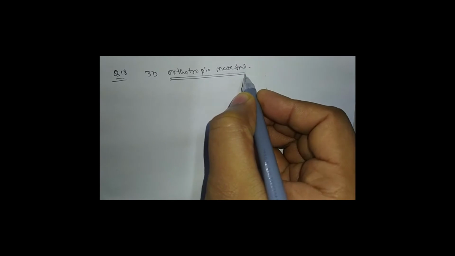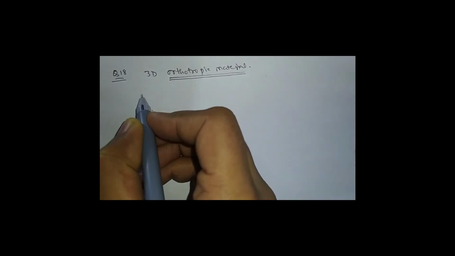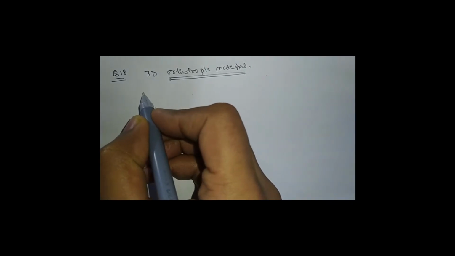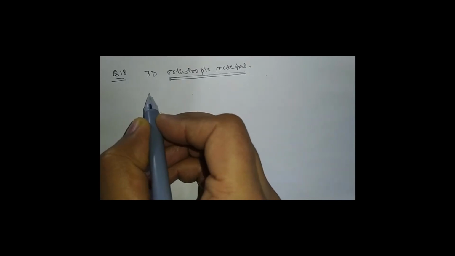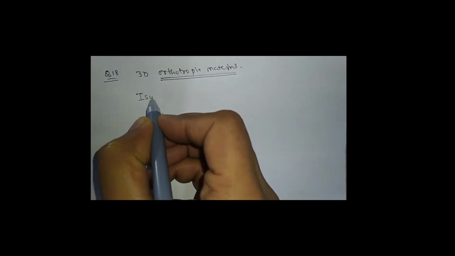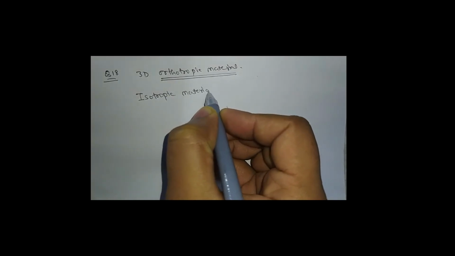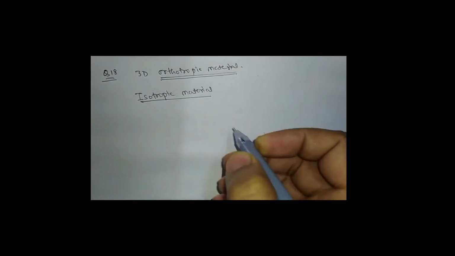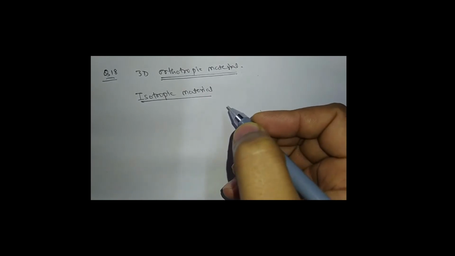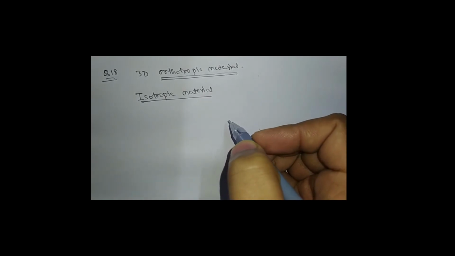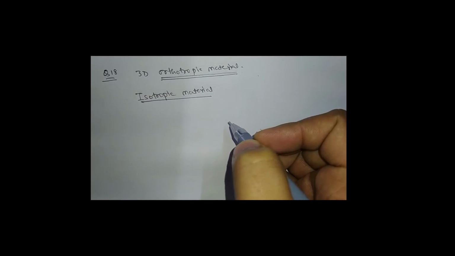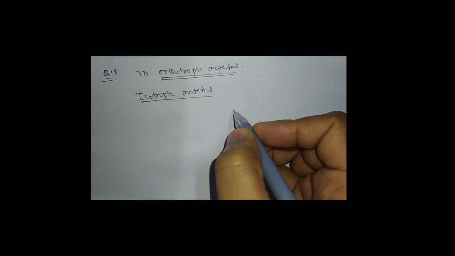Before going to answer about the orthotropic material, let's again understand the isotropic material. Isotropic materials are those in which the thermal and mechanical properties are the same in all directions.